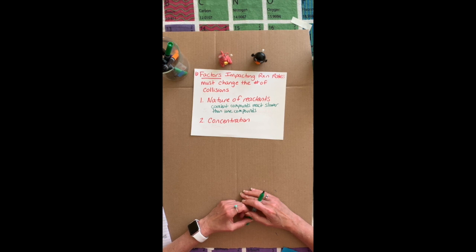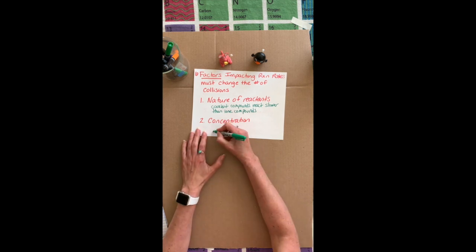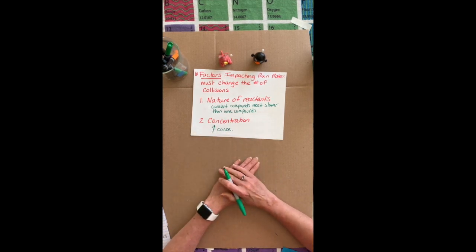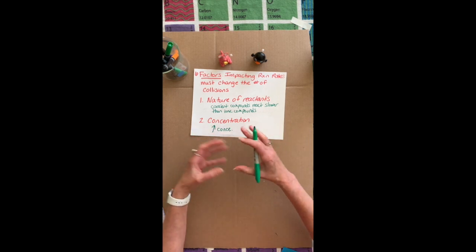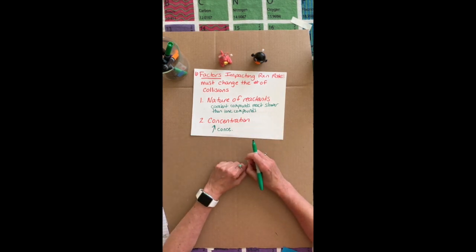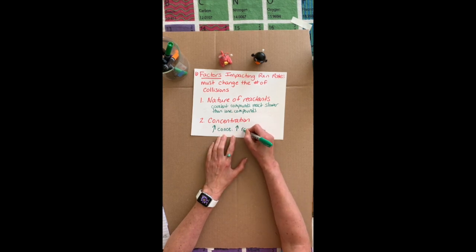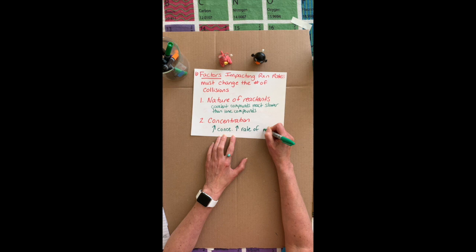Another factor impacting the rate of reaction is concentration. If you increase the concentration of reactants, they're going to collide more frequently because there's a greater concentration, and therefore we would increase the rate of reaction.